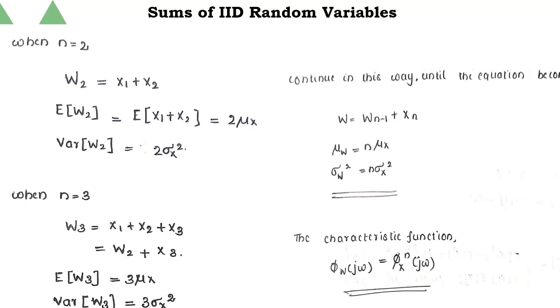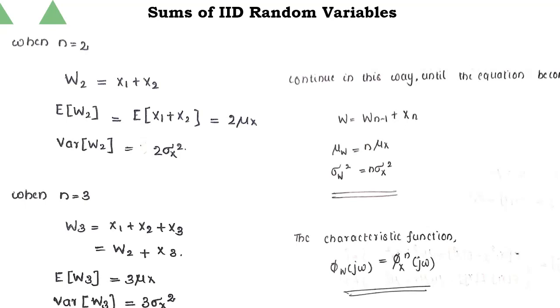So as you all know, the expected value of w2 will be equal to expected value of x1 plus x2, and expected value of x1 is mu x and expected value of x2 is mu x. So expected value of w2 will be 2 mu x. Similarly, variance of w2 will be equal to 2 into sigma x square.